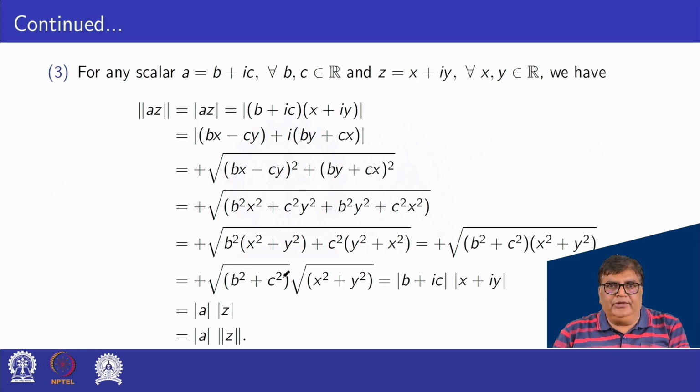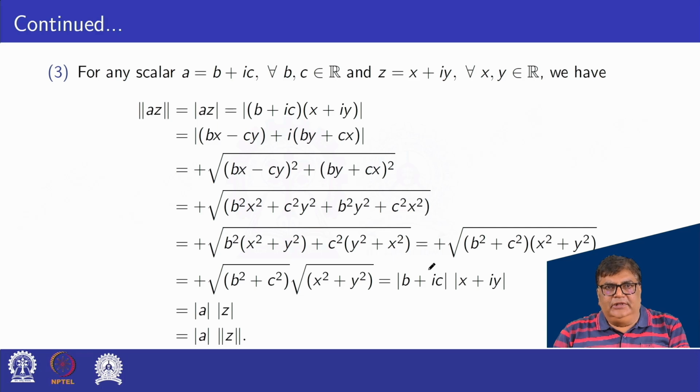So we have b square plus c square under root and also the square root of x square plus y square. So this term can be written as modulus of b plus ic and this term modulus of x plus iy.